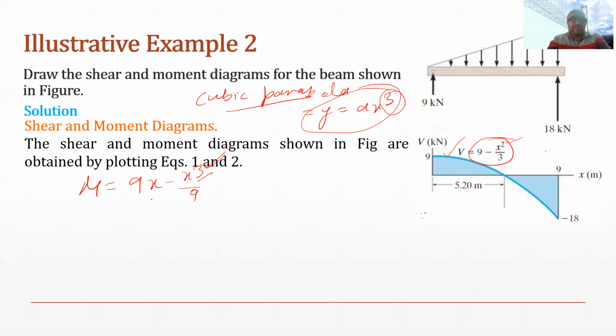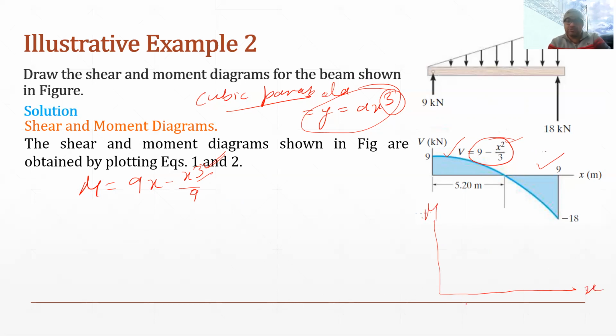As the range of x is 0 to 9, we can put the value of x as 0, 1, 2, 3, 4, 5, and we will get the ordinates. Once we get all the ordinates, we can plot the graph, the same process I explained for the shear force. So we will have the graph of M and X.